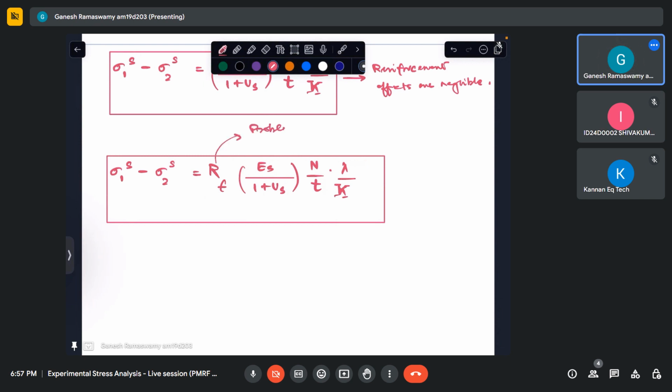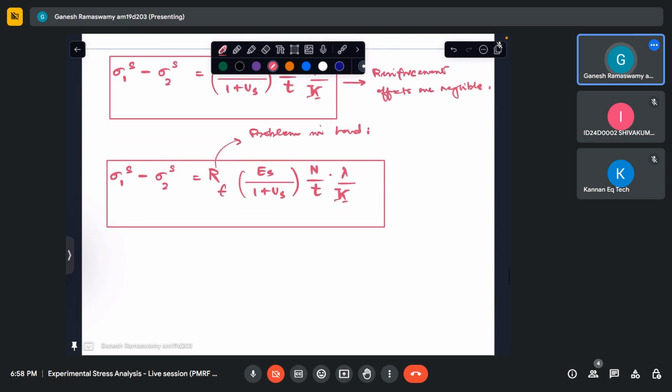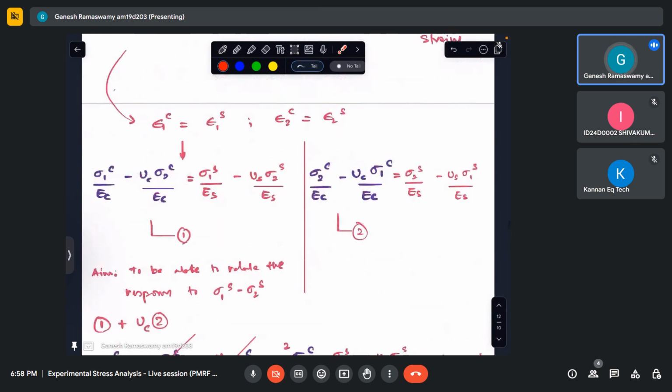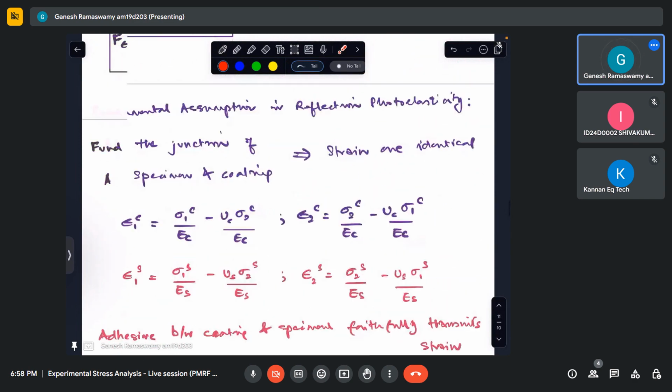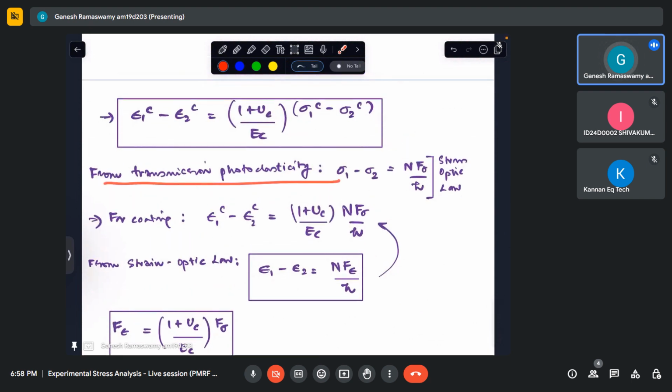Now, one thing needs to be kept in mind here: when we wrote this equation from our transmission photoelasticity, we wrote it as sigma 1 minus sigma 2 into n f sigma by t. For the coating, we wrote the same thing. One thing to be noted here is that when we have the surface like this and the coating like that, we have the light enter here and then get reflected here.